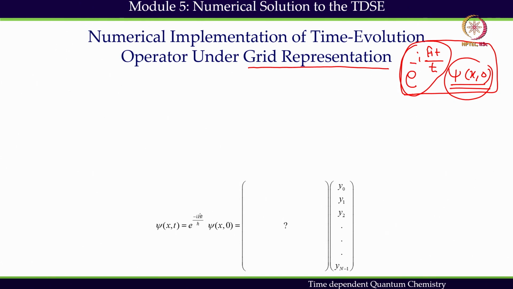We have already mentioned that this operator will be expressed in terms of a matrix on the grid. If this is a matrix, then in order to find this operator we have to find the matrix exponential, because H is a matrix in the grid representation.